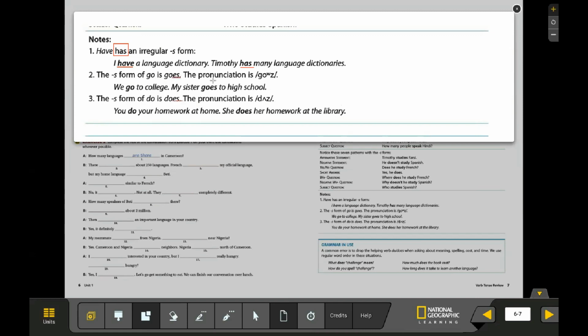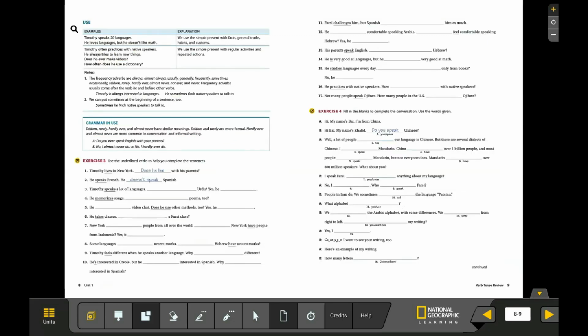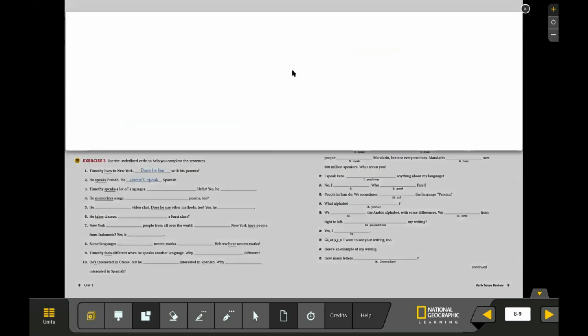And we say goes and does. We go to college, my sister goes, okay, goes. And does. So the pronunciation is a little bit different, goes, does, even though they are written in a similar way, okay?